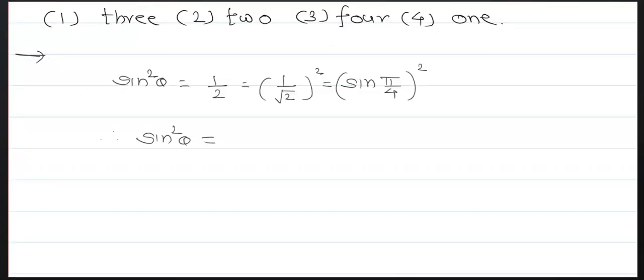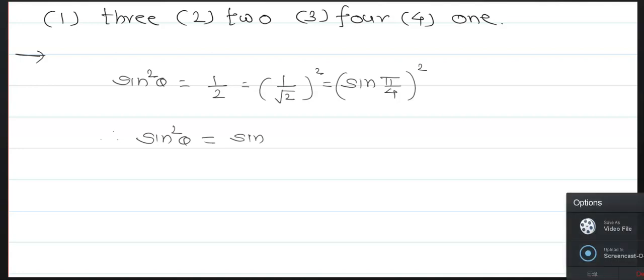Now the solution is, see this here, sin square theta is equal to 1 upon 2, is equal to 1 upon root 2 bracket square, and 1 upon root 2 is nothing but the sine of pi by 4 bracket square. Therefore theta is equal to pi by 4.